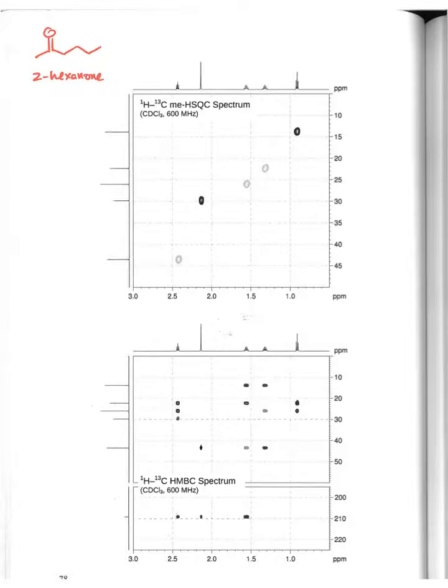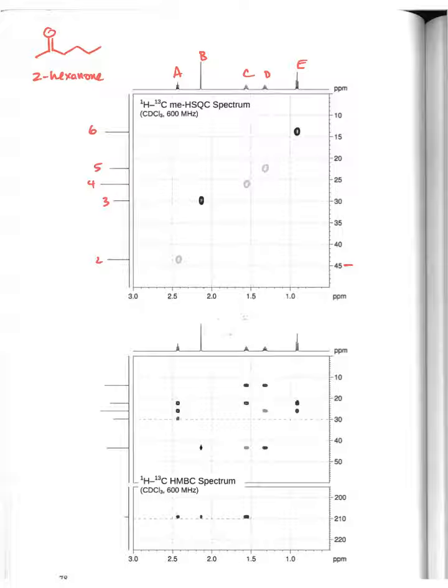Let's go ahead and look at the proton-carbon HSQC spectrum. Go ahead and put in those assignments A, B, C, D, E. Number the carbons. Notice this carbon's at 45. It was carbon 2 from our carbon spectrum. 3, 4, 5, and 6.